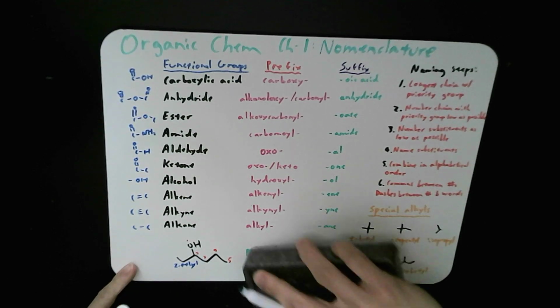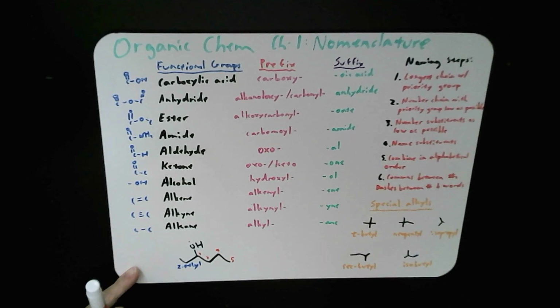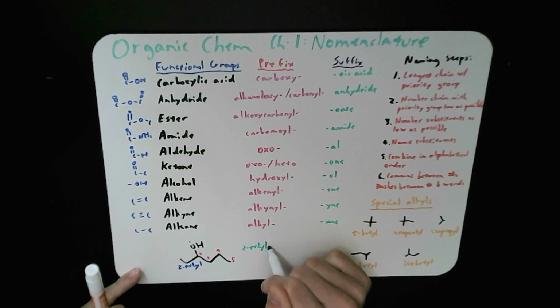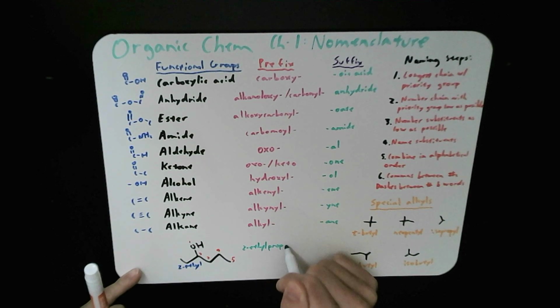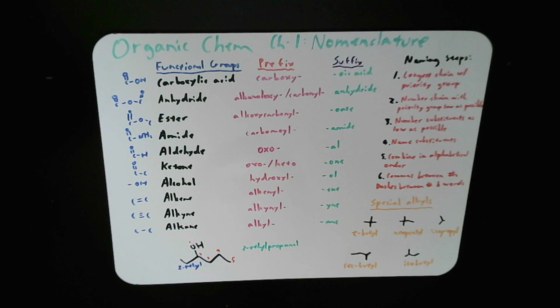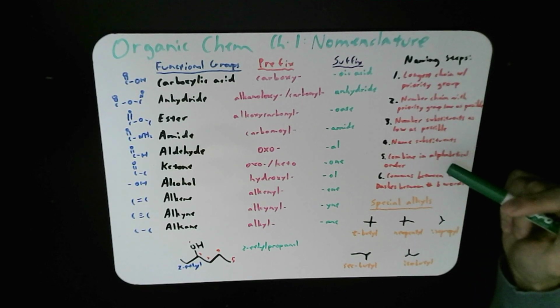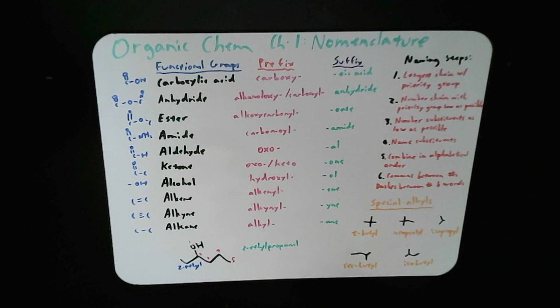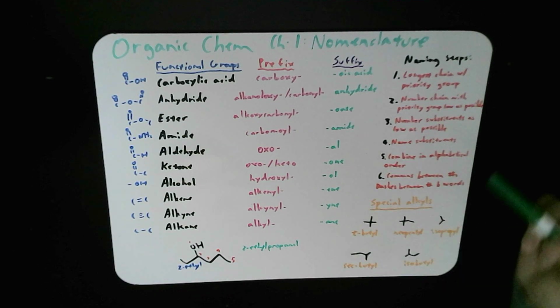So what does that mean? We will combine 2 ethyl, propanol. There we go. That's our whole name, and we have to combine in alphabetical order, and since we only have 1 substituent group, that's no problem.